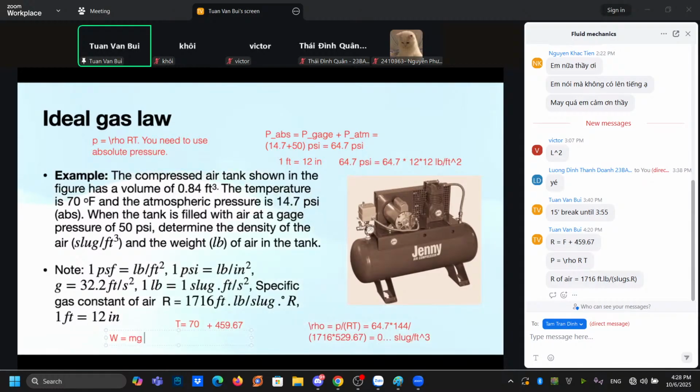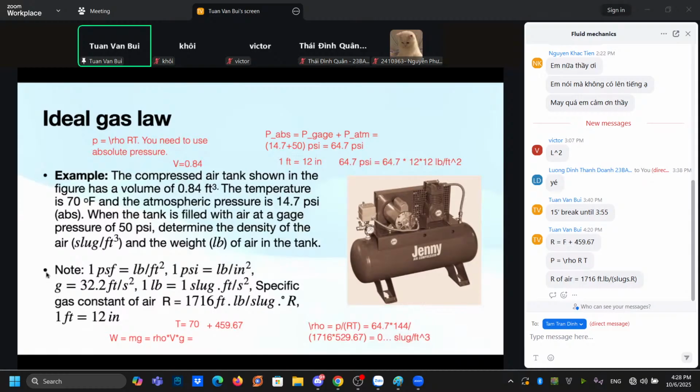So m will equal rho multiplied by the volume, and then multiplied by g. Okay, rho you have from this calculation, and V equals 0.84.